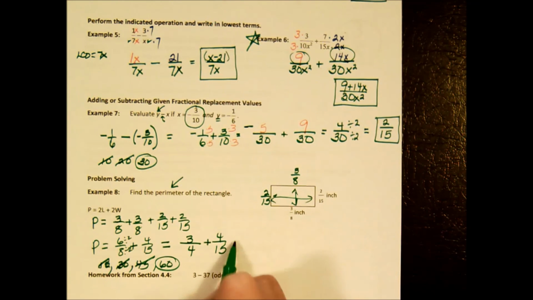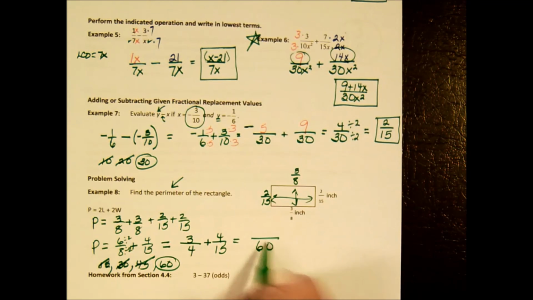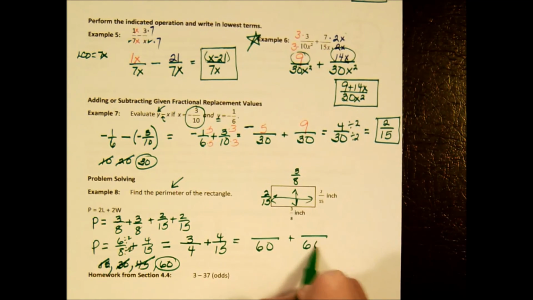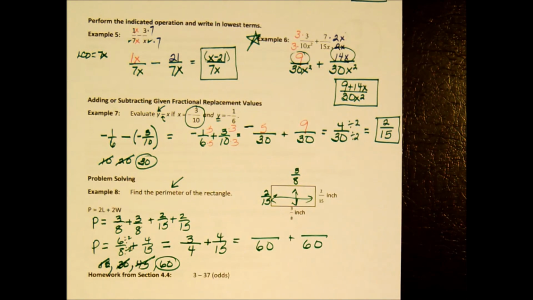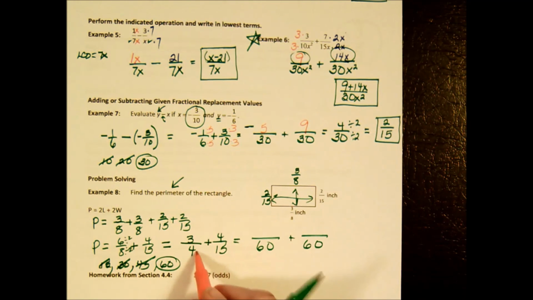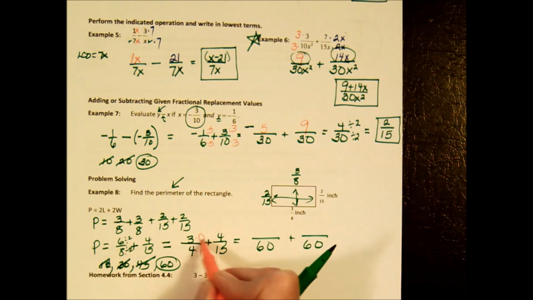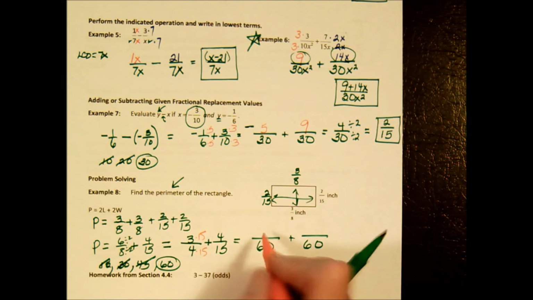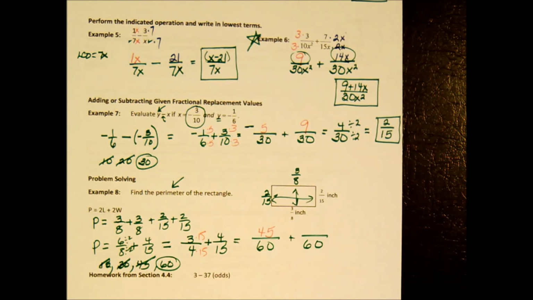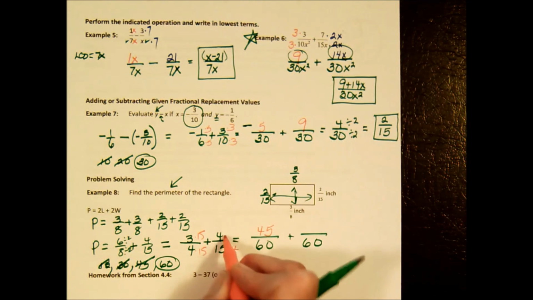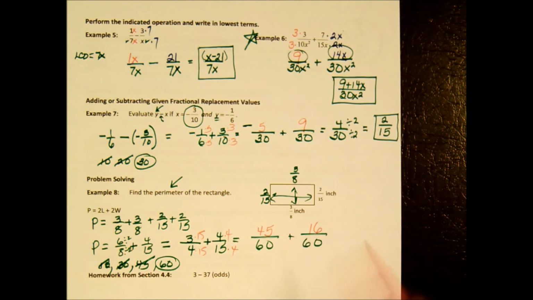So I'm going to rewrite my fraction with that denominator that I'm trying to get to. What do you do to 4 to get 60? Times 15. So here that gives me 45/60. What do you do to 15 to get 60? Times 4. That gives me 16/60.